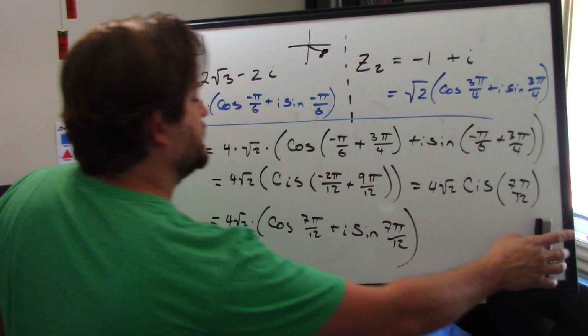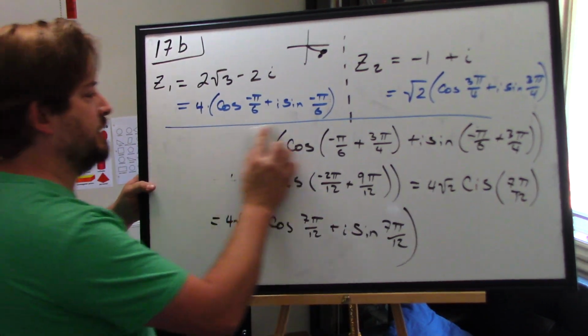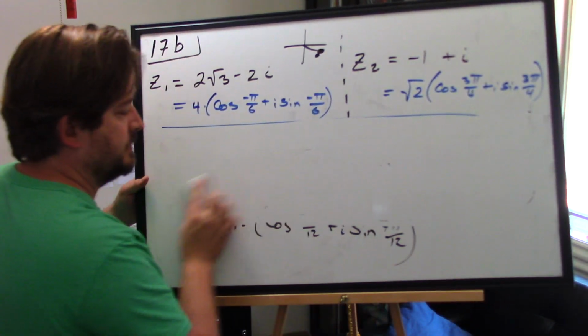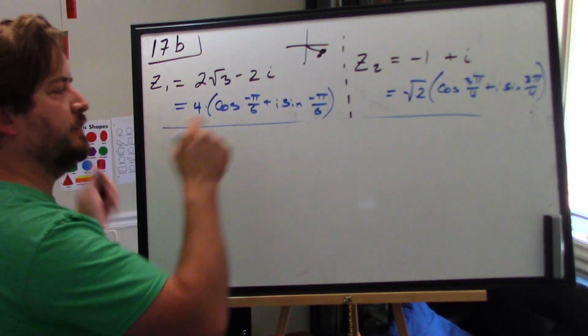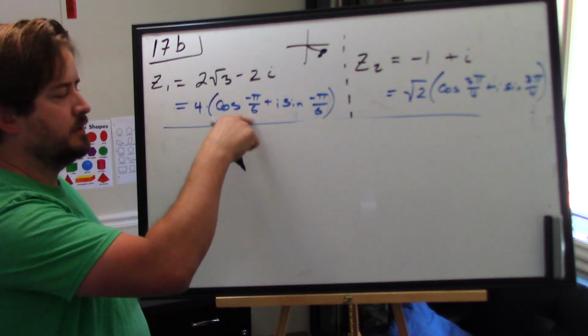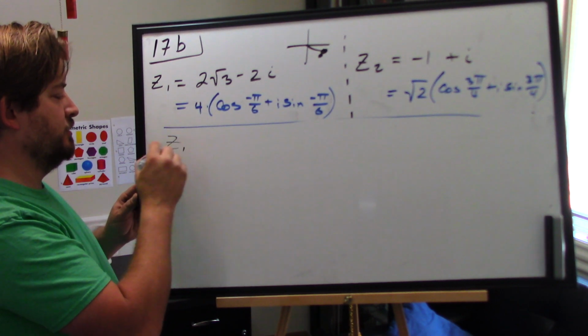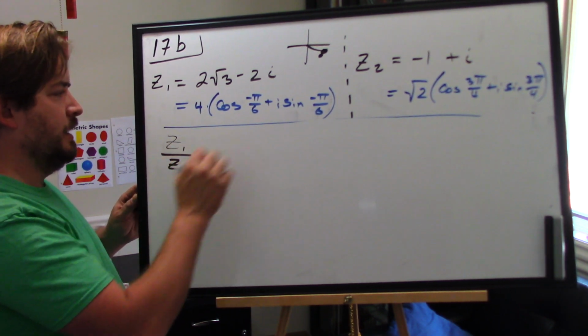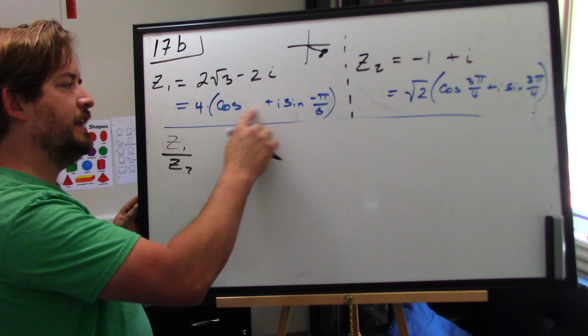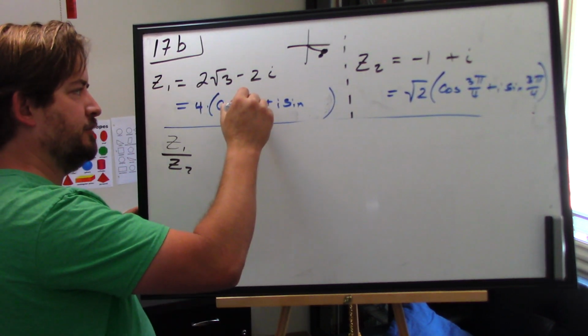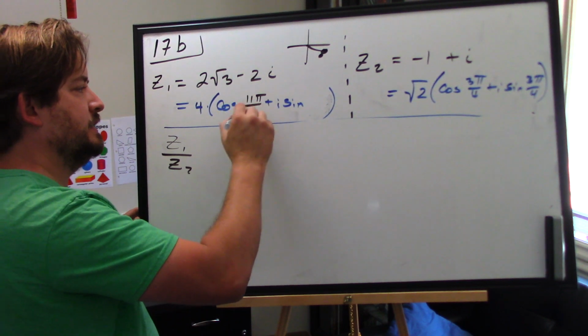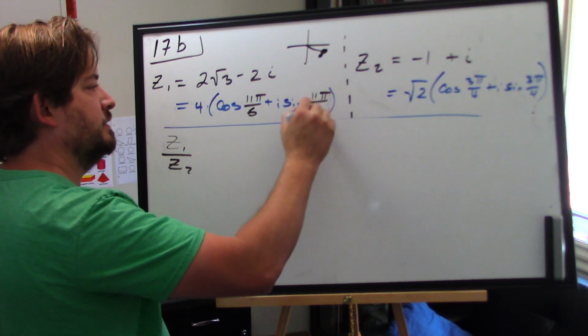The other thing they ask us to do is the division, Z1 divided by Z2. And for the division here, instead of using negative pi 6, I'm now going to come in here and say, I don't like that negative pi 6. What I do like is that it could also be 11 pi 6, and I'll replace that.